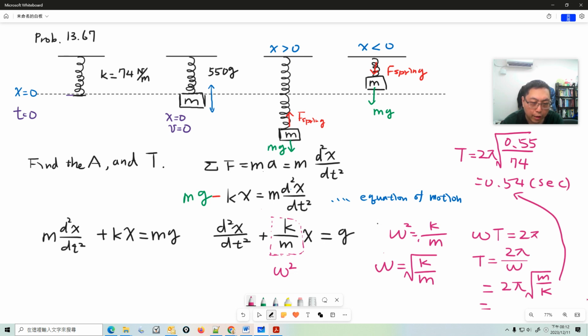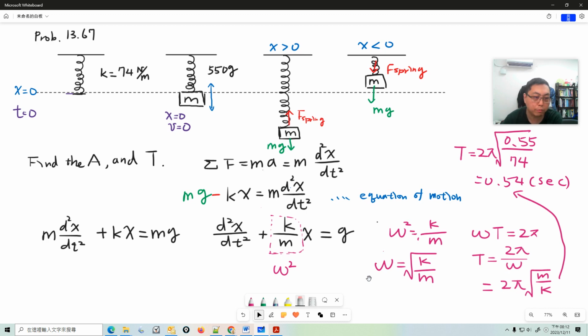Omega T equals 2 pi, so T is 2 pi over omega. Okay, I think it's right. 0.54 seconds, that's the period. So it's easy to answer.